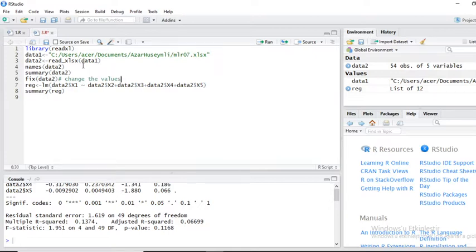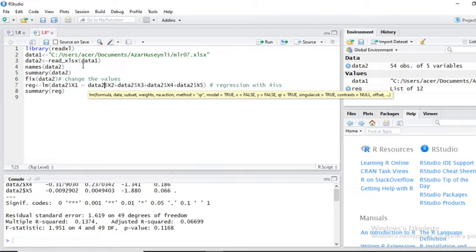Also, we made our regression with four independent variables, IVs, and looked at the summary. We also learned how to access the variable within the data frame. So we use a $ sign to access the data within the data frame.